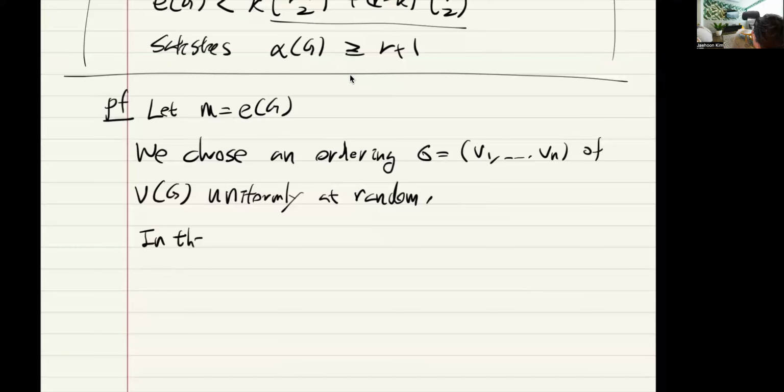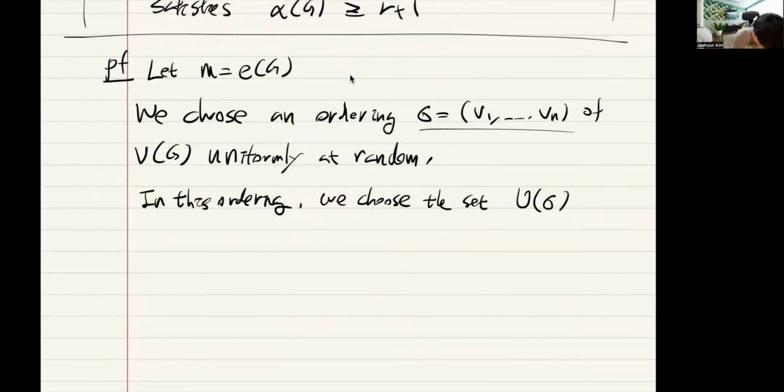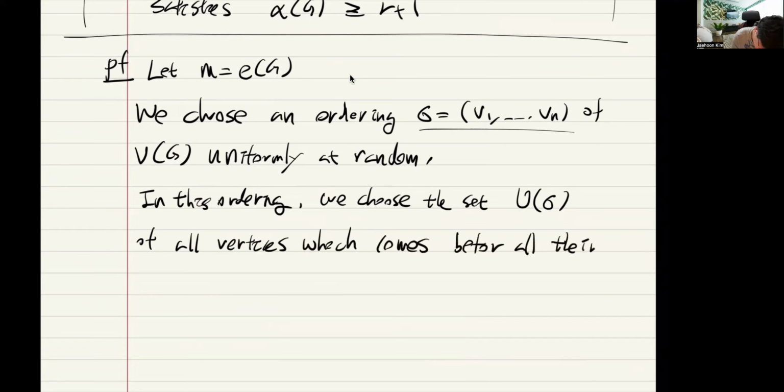And in this ordering, so this is a probability space, and we consider the following random variable. We choose the set, say U sub sigma, of all vertices which come before all of their neighbors.